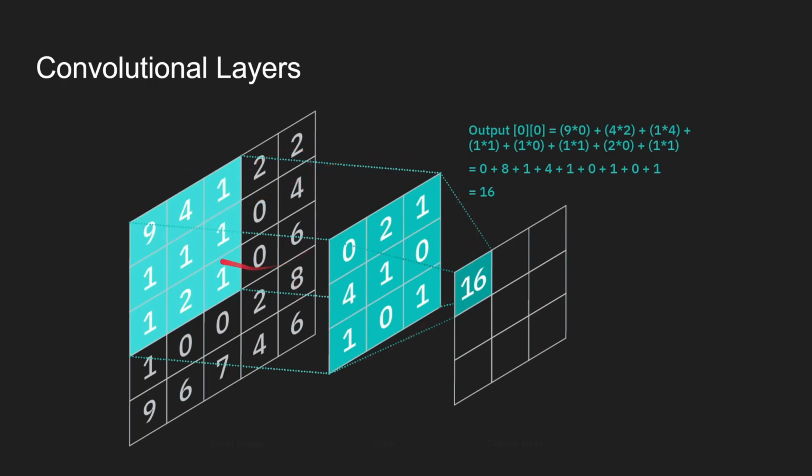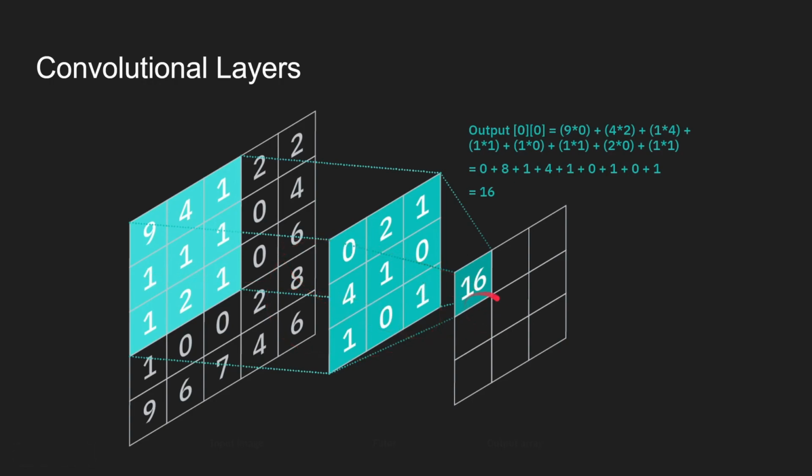We're sliding over pixel by pixel, and then we're extracting the meaningful features. So how this works is actually matrix dot product, right? We're multiplying 0 by 9, and we add that to 2 times 4, and we add that to 1 times 1, and we add that to 4 times 1, right?